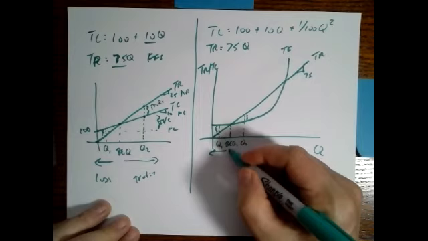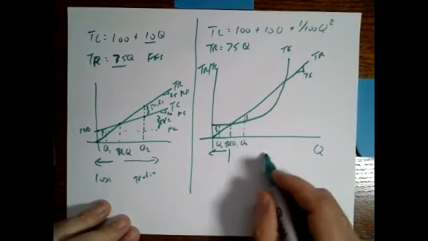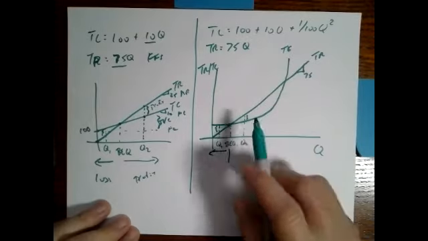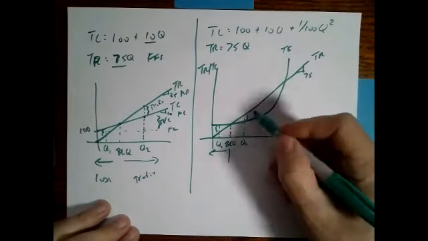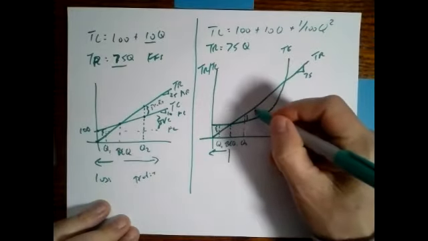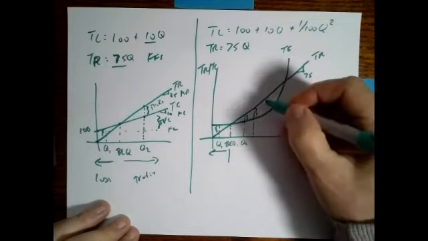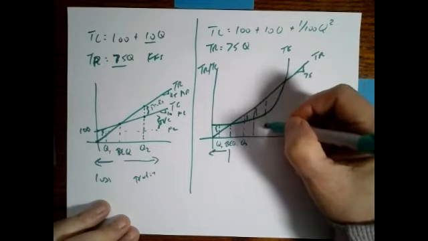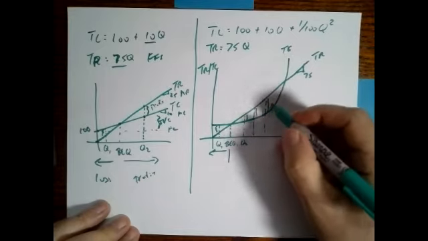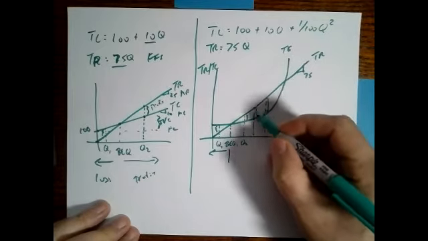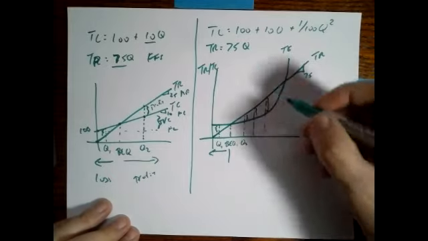So everything to the right of BEQ1 is going to start generating profit. And as you can see, as I move along, that gap is getting bigger and bigger. If I draw another line here, this gap is bigger than that gap. And if I draw another line here, this gap is bigger than that gap. So this gap represents the amount of profit that we have. So the bigger the gap we have, the happier we are.